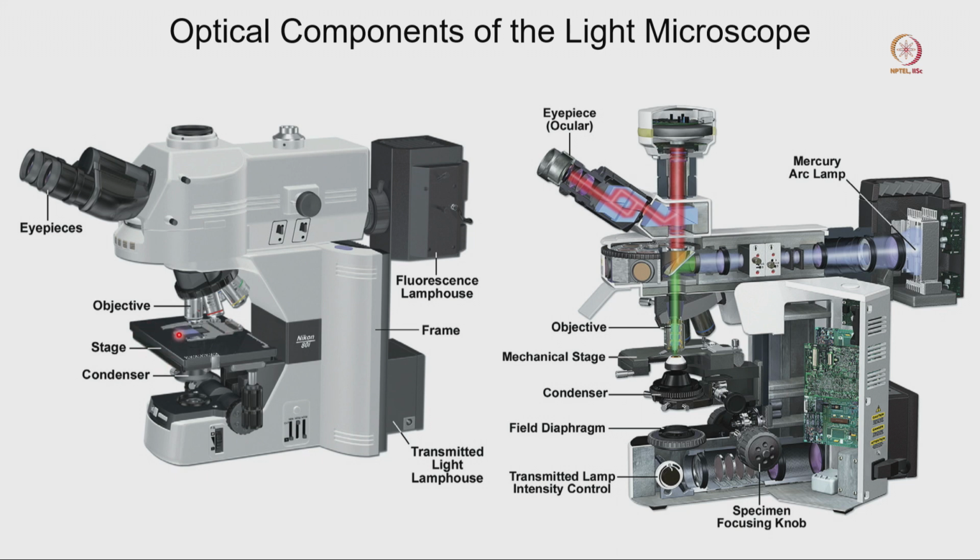This is the stage where you have the specimen, this is the condenser, and the light source is coming here and passing through the sample. The transmitted lamp is located here. This is the focusing knob, which helps us to change the plane of the sample and focus the sample properly. In all cases, remember that the eyepiece lens is fixed; only the objective lenses can be changed.